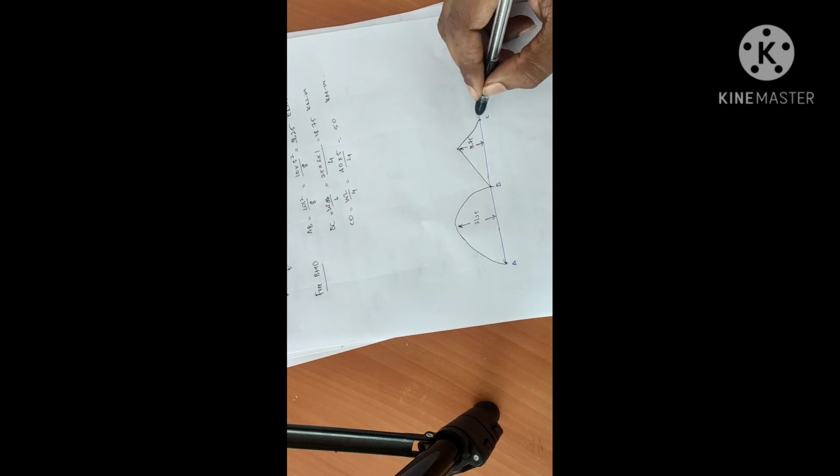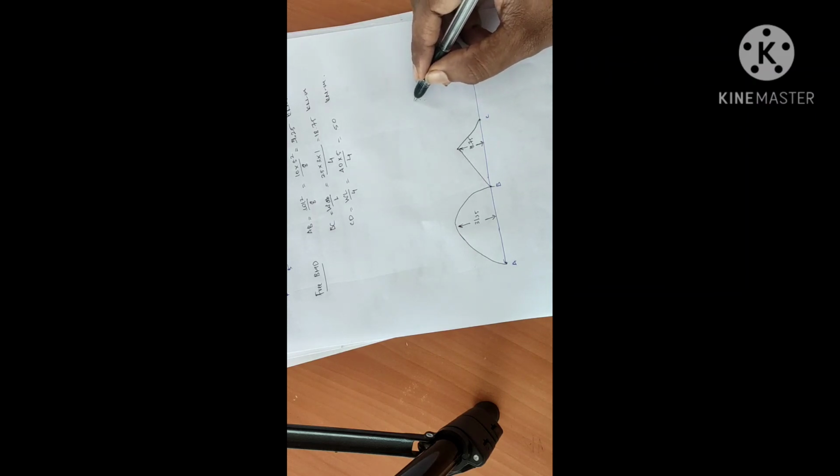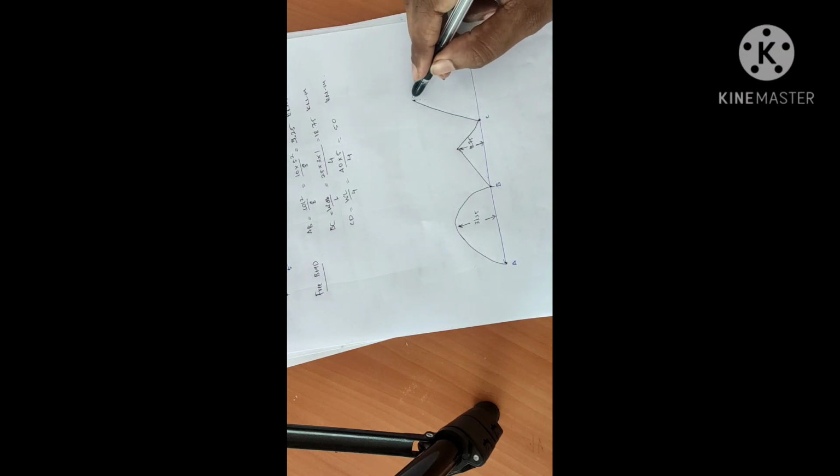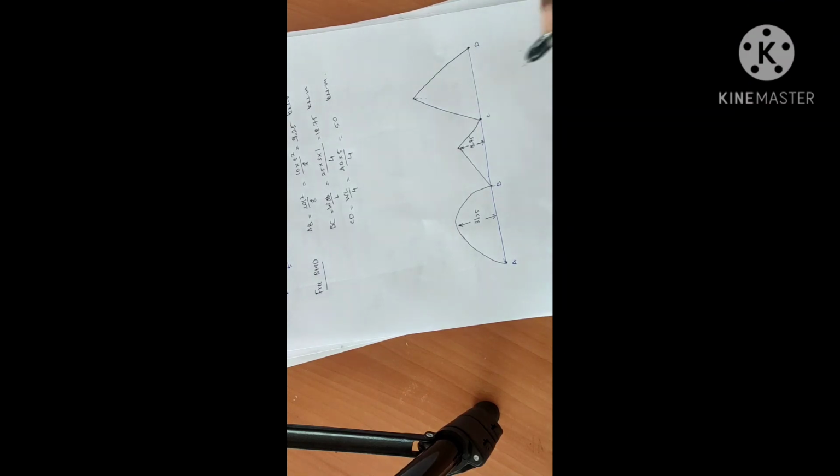It is not exact, it is a comparative diagram of bending moment. So the nature will be exactly the same. So 50 will be at the center. So this is 50.